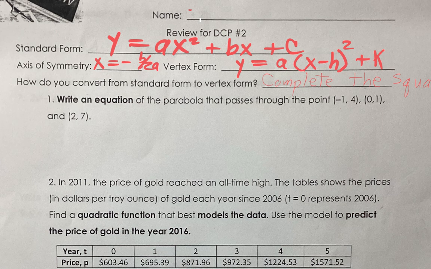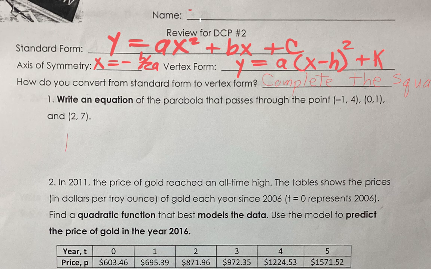Or you can use the yellow calculator where you go into the stat edit and put in your points and then go under calc and look for the quad regression. And that should give you the equation of the line.